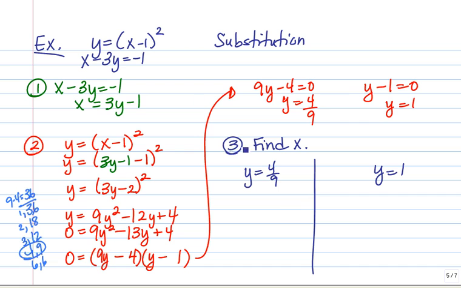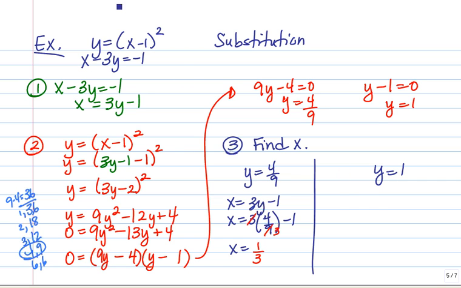So to find x, we know x is 3y minus 1. So x is 3 times 4 ninths minus 1. But 3 times 4 ninths is really 4 thirds minus 1. 4 thirds minus 3 thirds is just 1 third.